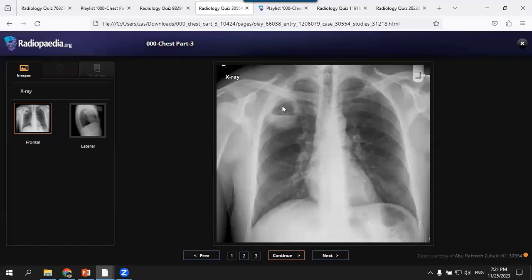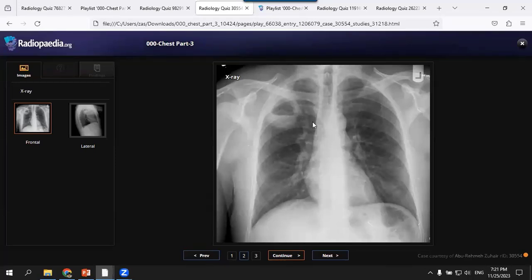So how to differentiate lung abscess from neoplastic conditions? If the patient presents with fever and increased white blood cell count, then this is septic or infectious. If no fever, then the patient may need a biopsy to confirm the diagnosis of cancer.